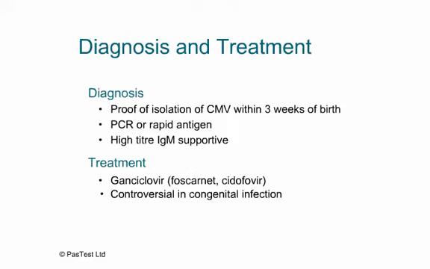Diagnosis of congenital CMV is difficult, and the gold standard is the proof of isolation of CMV within 3 weeks of birth. This is more straightforward in a child who's symptomatic, because the necessary samples can be taken at that time, and a diagnosis can be confirmed.